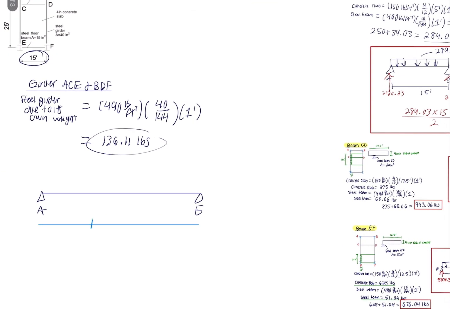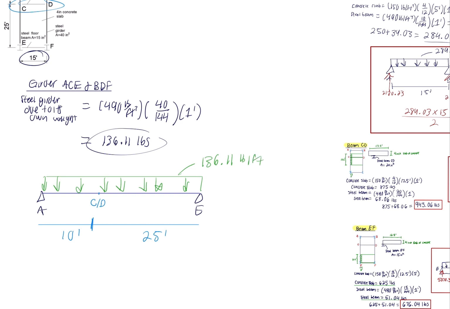So then we will divide this, this will be the 10 feet, and this will be the 25 feet, which we can take note that this will be like point C/D right here, this point. We will draw the distributed load, which is 136.11 pounds per foot.